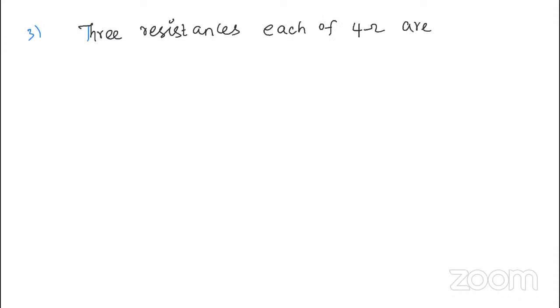Okay. Third one. Here, 3 resistances, each of 4 ohms, are connected to form a triangle.